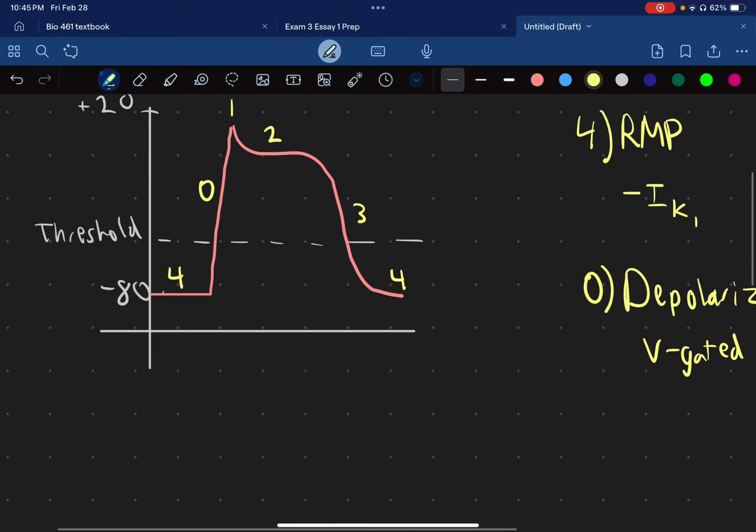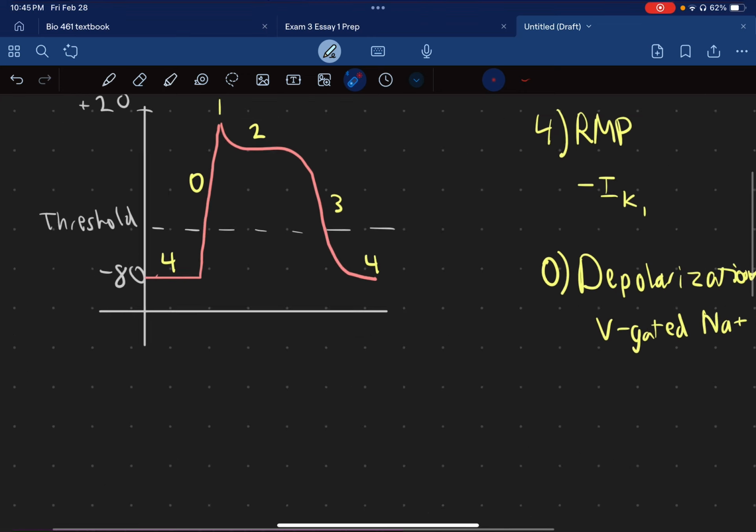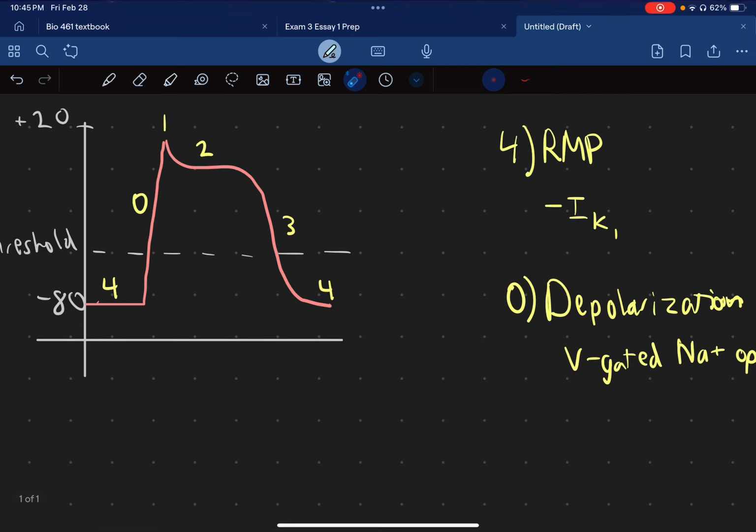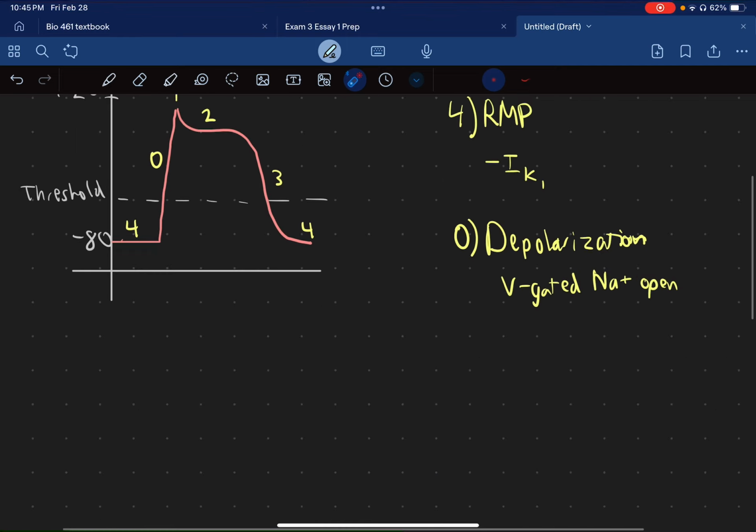As this happens, as we can see right here, that's going to cause a sharp uprising in the charge. And as this happens, when threshold is hit, the potassium channels are going to close. So that's going to cause a sharp increase in the membrane potential, in the charge of the cell, until we reach a certain point here around +20, and that's when rapid repolarization is going to start.